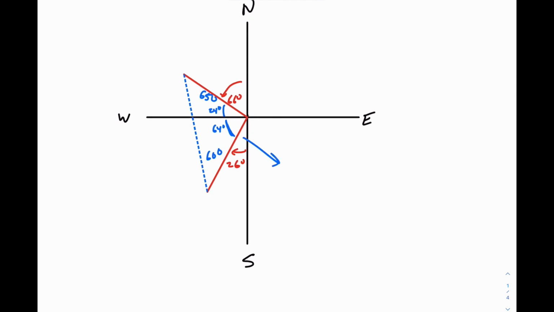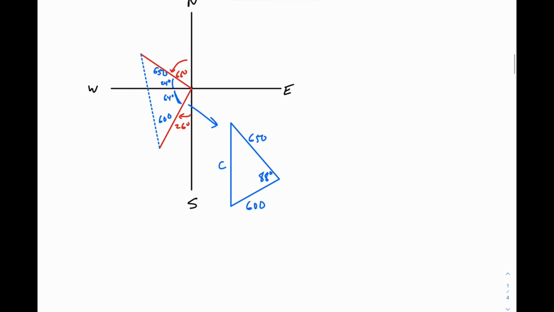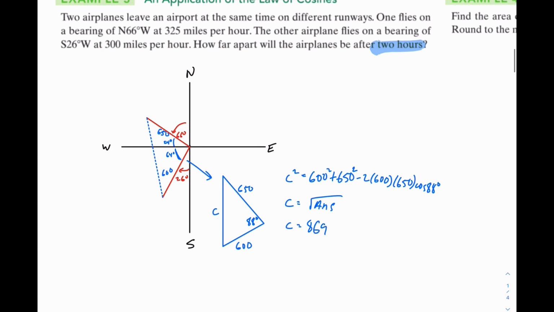So if I move this over here, we have a nice triangle where this is 88, this is 650, this is 600, and let's call that C. And now it lines perfectly with our lesson. C squared should equal 600 squared plus 650 squared minus 2 times 600 times 650 cosine of 88 degrees. C should be the square root of all of that, and you get about 869 miles.